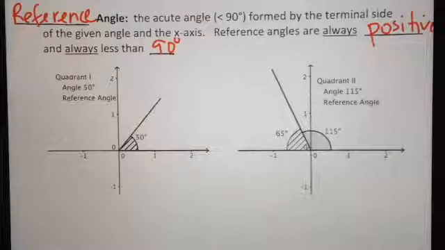All right, so we're looking at quadrant 1, which is the easiest because the angle is the reference angle. So here, the reference angle is 50 degrees. In quadrant 2, we always are looking at the x-axis and where the angle stops. So here they're saying this measures 115 degrees, which means that to add up to 180, this must be 65 degrees, and the 65 degree angle is the reference angle.